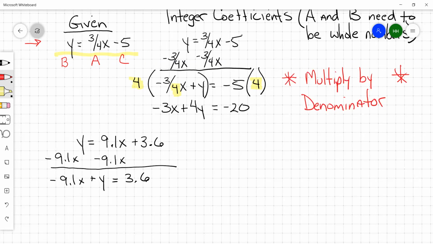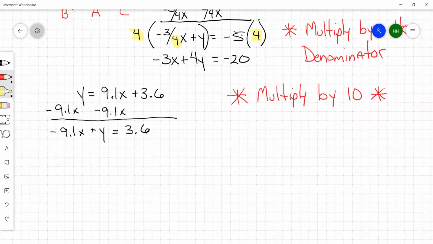So if both your decimals, or your largest decimal, is in the tenths place, then you multiply by 10. That will get rid of those decimals.